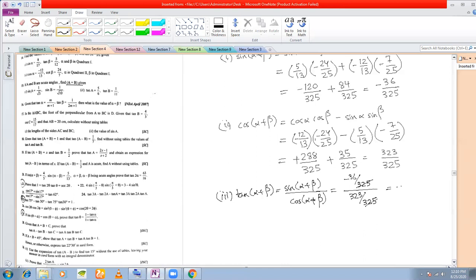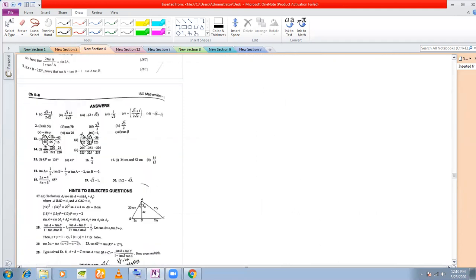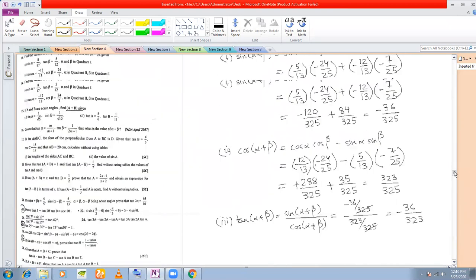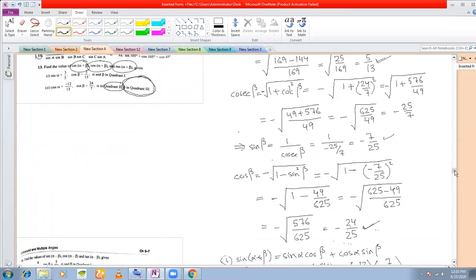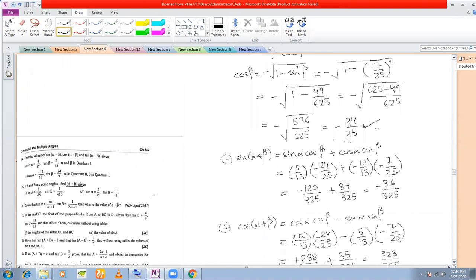These two cancel. So you get minus 36 divided by 323. Will this cancel with 3? No. So let's see whether our answer is tallied. Yes, minus 36 by 323. Okay, so this was our these two. Similarly, you can work out number 14 also. This one you can work out.